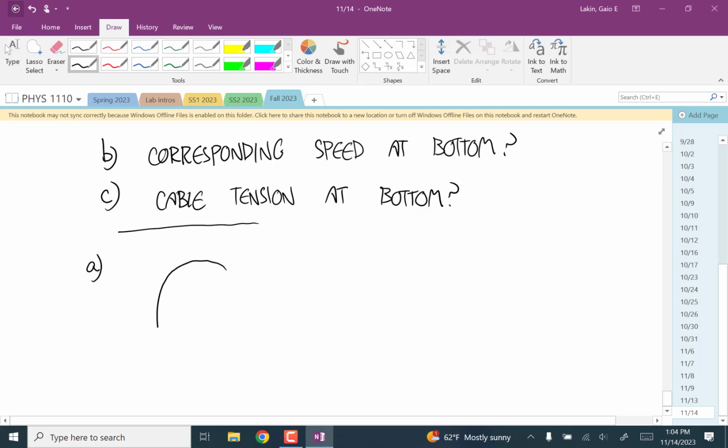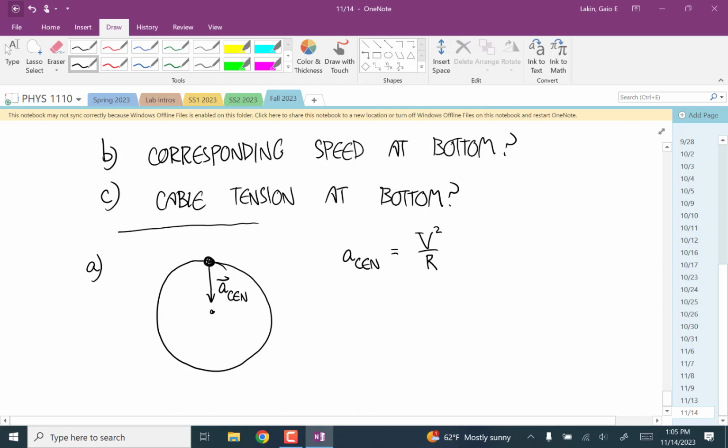this is a circular motion problem. At first, we're talking about the top. At the top, the centripetal acceleration is this direction. The magnitude of the centripetal acceleration is v squared over r.